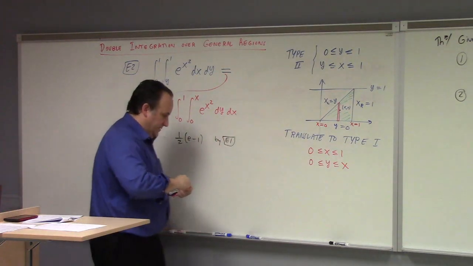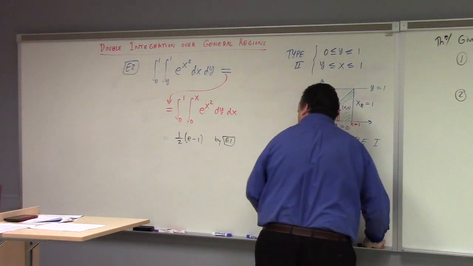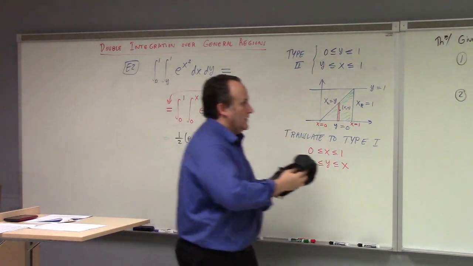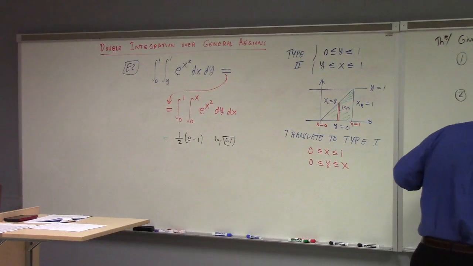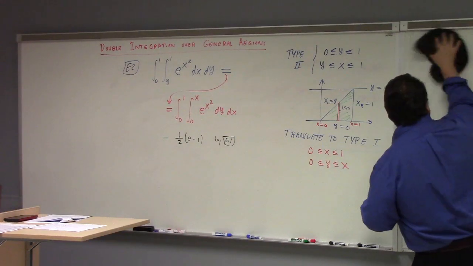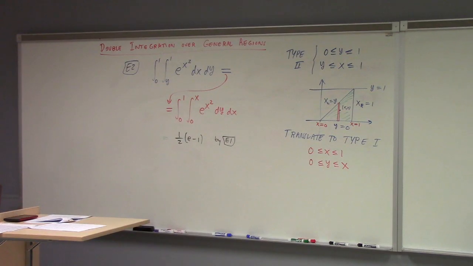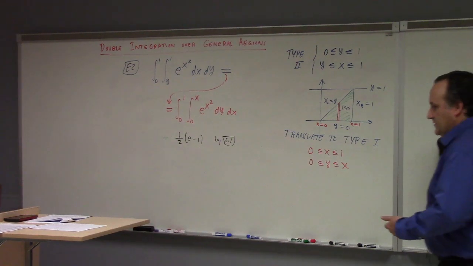All right. Let's see if I can find you another example. I will introduce a new thing: the average of a function of 2 variables. What should the average of a function of 2 variables over some region be equal to? Do you remember how average worked in Calculus 1?